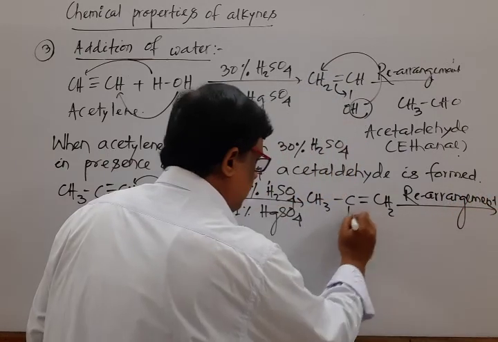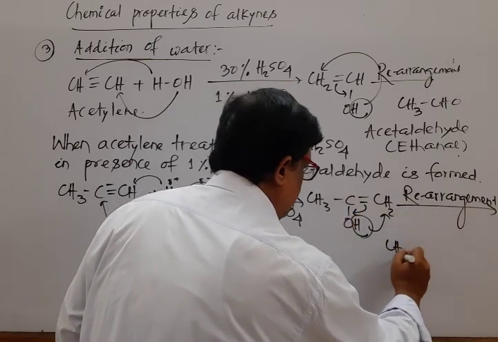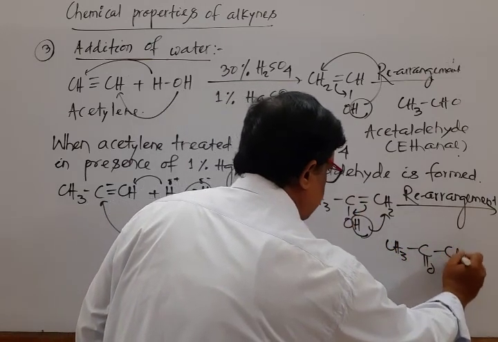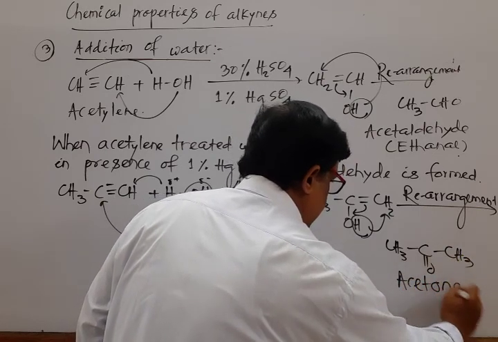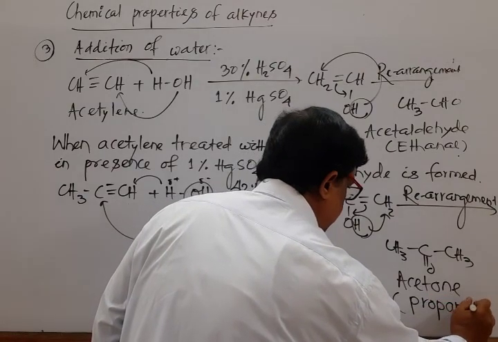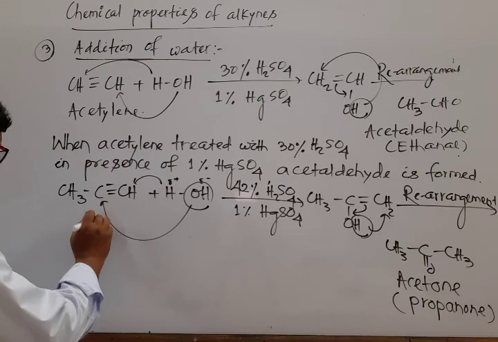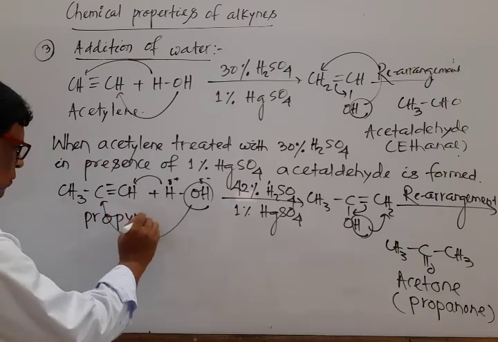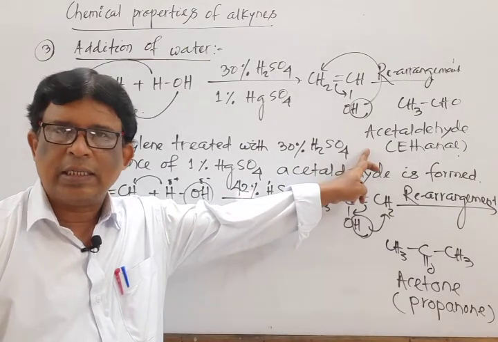Mark that this H moves to here, double bond moves to here, resulting in the formation of CH3COCH3. Common name is acetone, IUPAC name is propanone. Okay, its name is propyne.